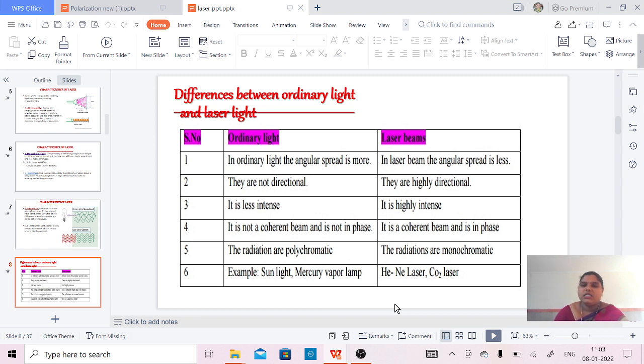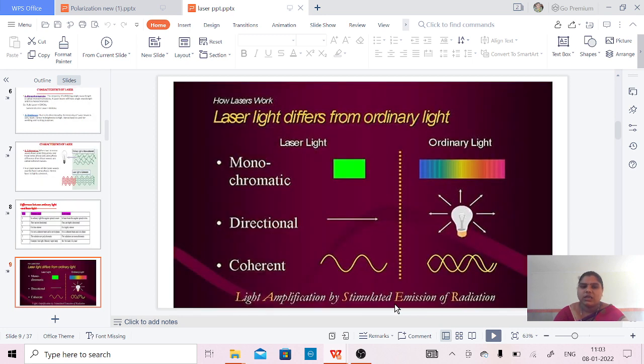The radiation in ordinary light is polychromatic, and in a laser beam it is monochromatic. Examples of ordinary light are sunlight and mercury vapor lamp. Examples of laser beams are helium neon laser and CO2 laser.